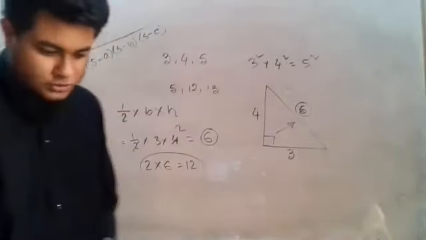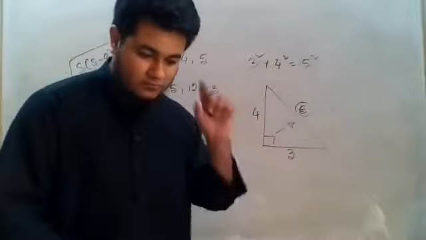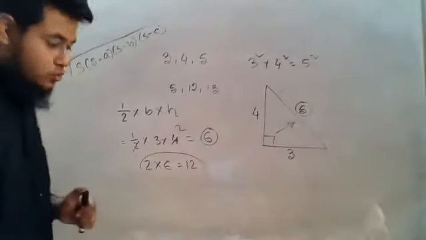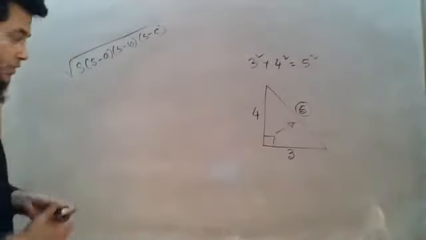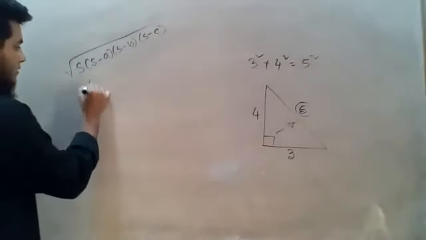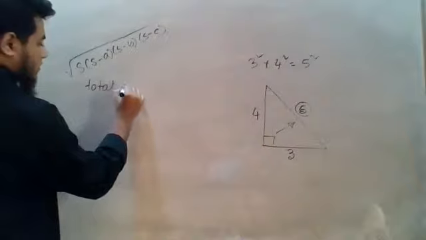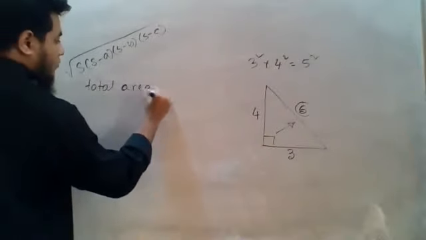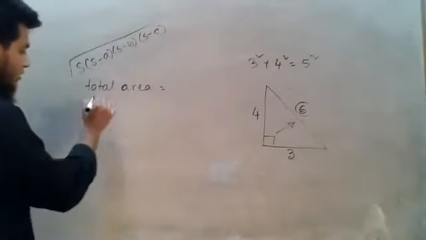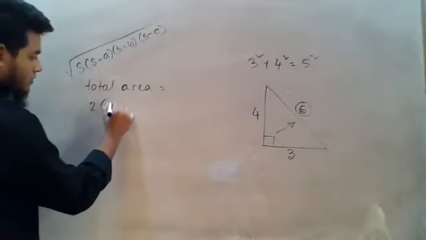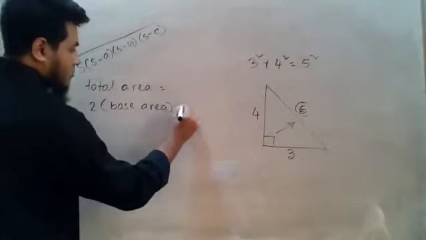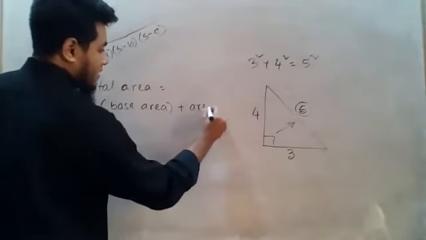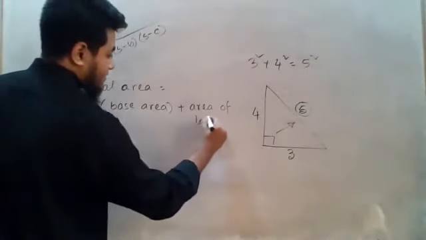Actually, while teaching the formula, I guess I forgot to show you something else. If you remember, I wrote the formula of total area for prism: 2 into base area, that means area of the base, plus area of lateral surface.